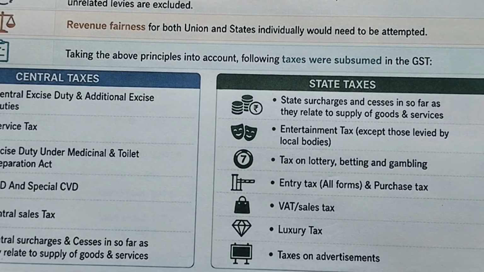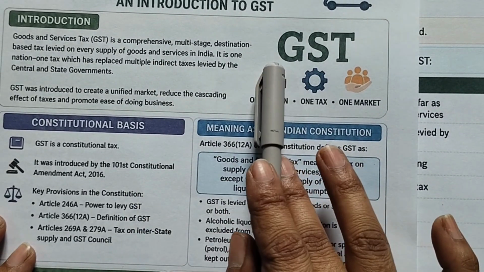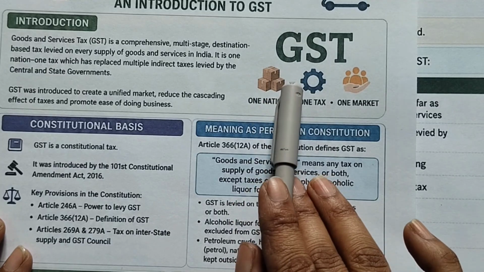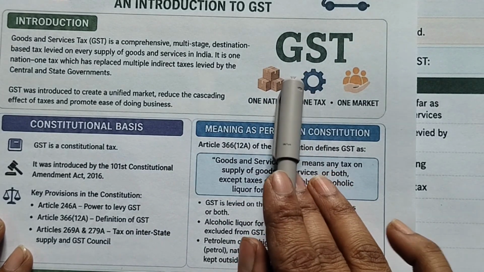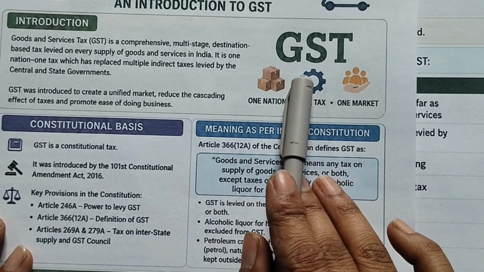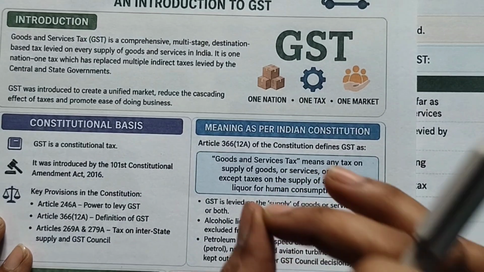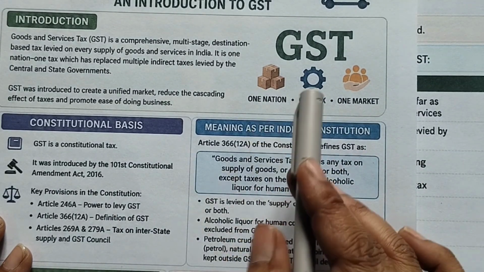Now, what is GST? Let us understand GST. GST means it is a tax. On what? Supply. There should be a taxable event called supply. Supply of what?